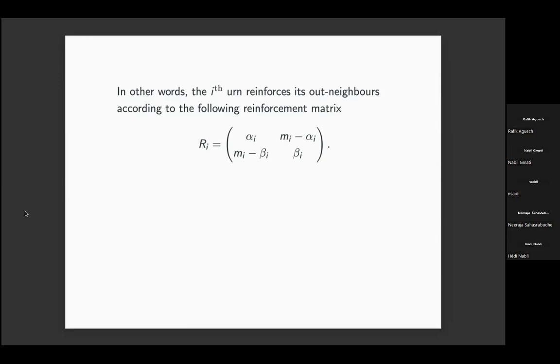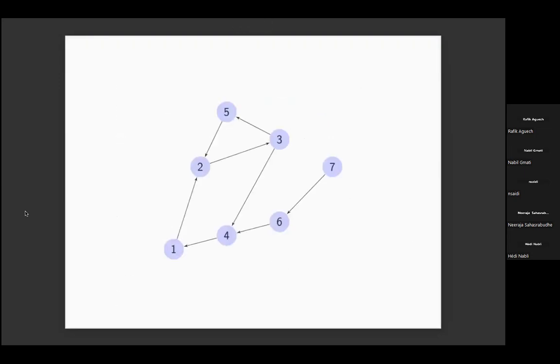Just to go back to the picture, from the second urn, if you drew a white ball, 3 will get reinforced according to the matrix I showed you. Similarly, if from 5 you drew a white ball, 2 will get alpha_i many white balls and m_i minus alpha_i many black balls. So the urns are reinforcing their out neighbors.